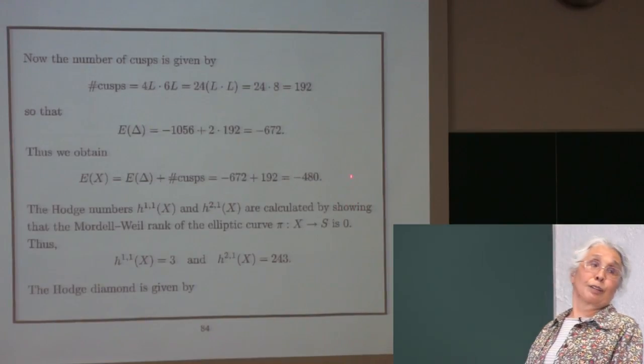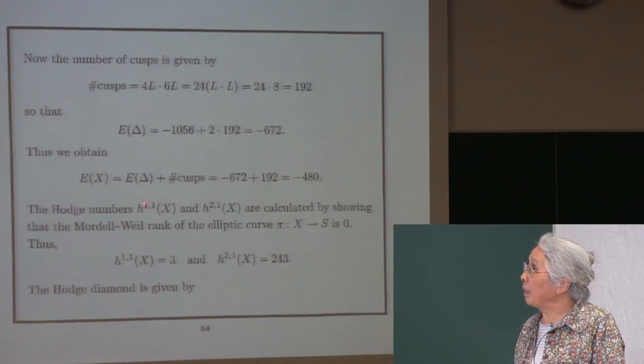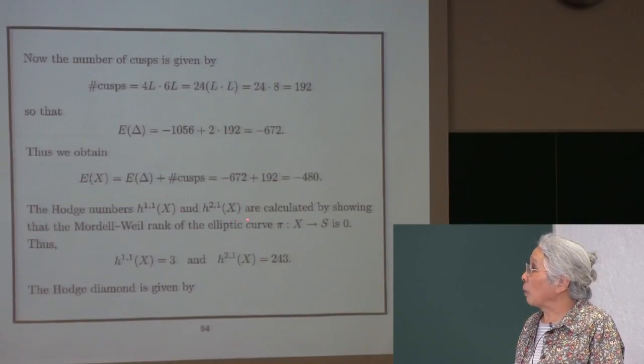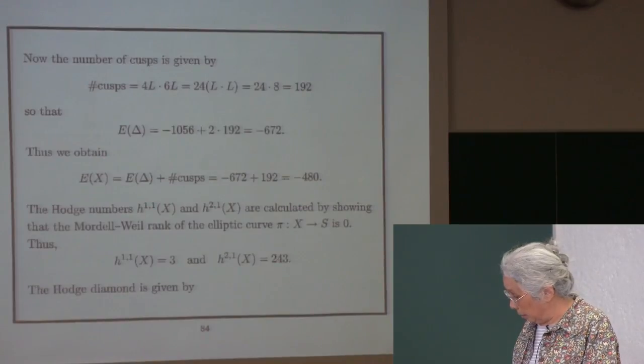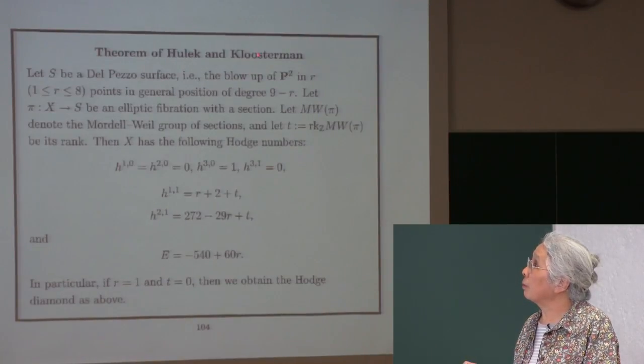That's the Euler characteristic. But this is a Calabi-Yau, so I want to know what h^{1,1} and h^{2,1} are. This calculation I will be given. I will be using a theorem of Futaki and Kirchner.